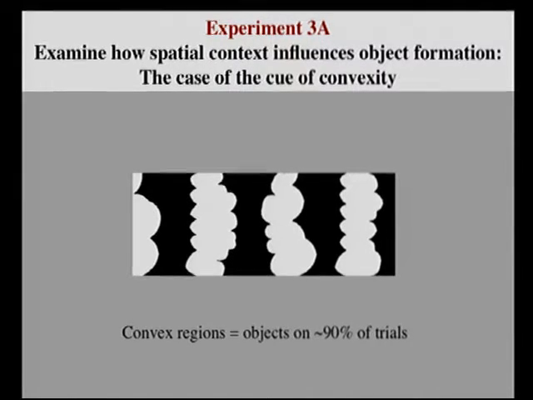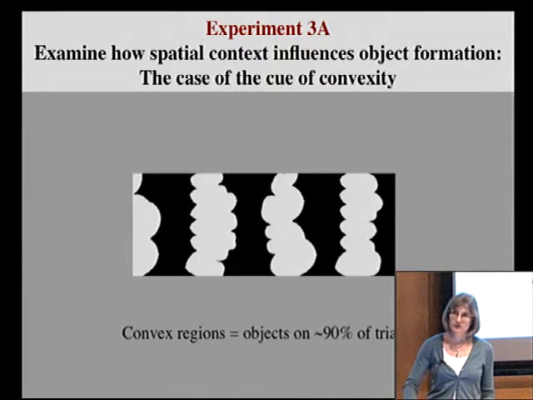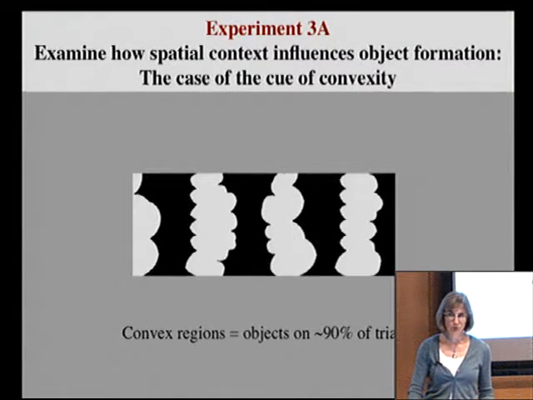And what the Gestalt psychologists found was that on 90% of trials, an observer is going to report seeing the convex regions as figure. So the Gestalt psychologists thought, well, that's a very, very strong cue. 90% of the time, that's enough to give you all the object structure in the world.